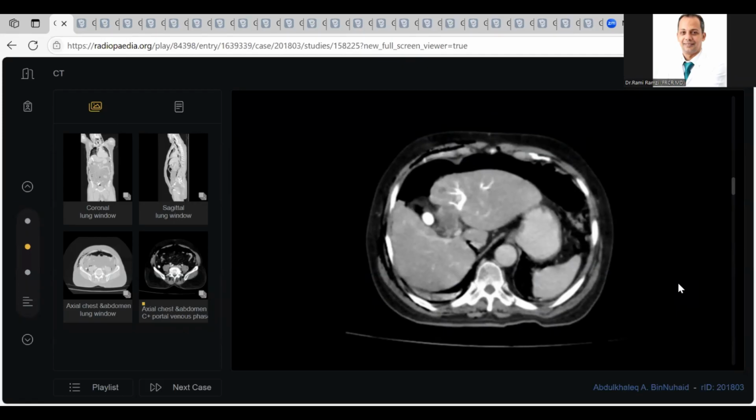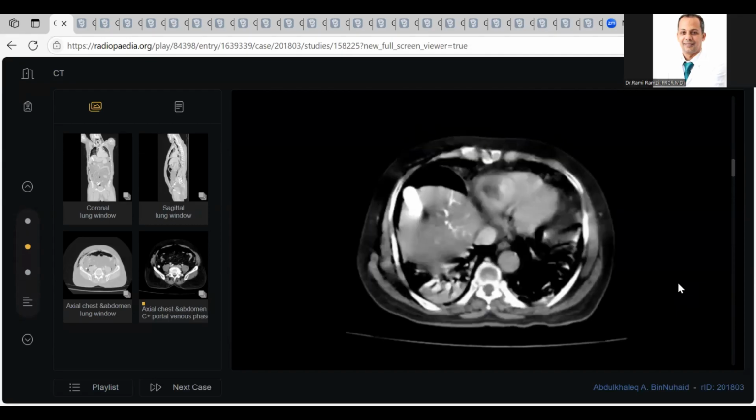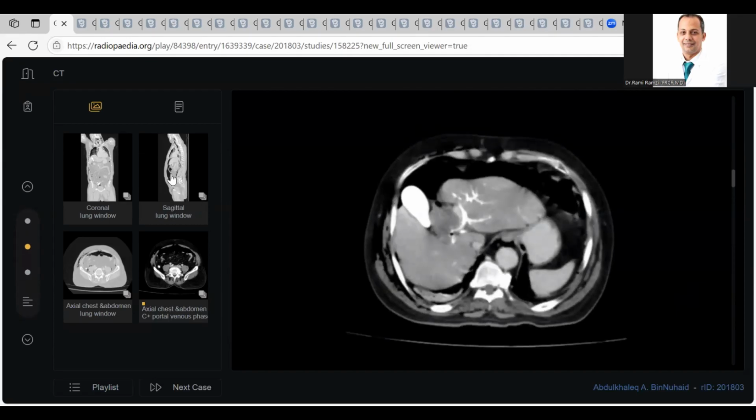Biliary tracts are slightly prominent on both sides. This hypodense area is extending to the porta region, so it could be some nodes in porta hepatis also.